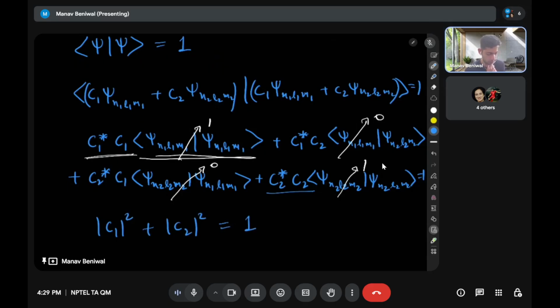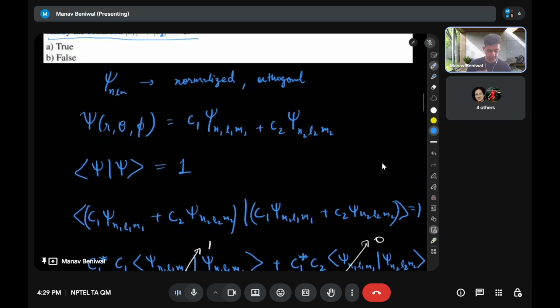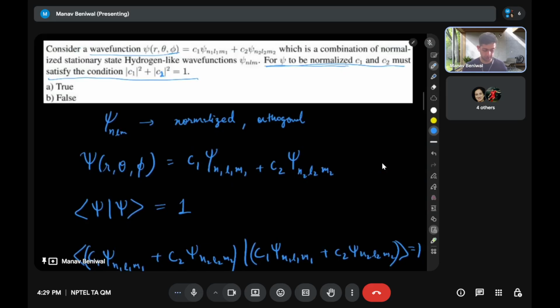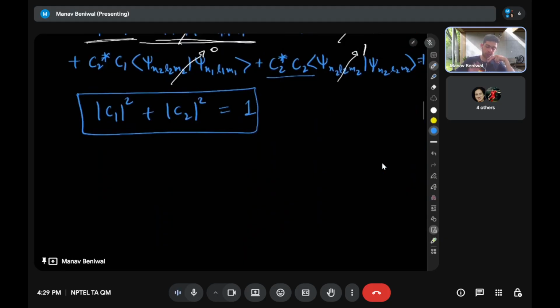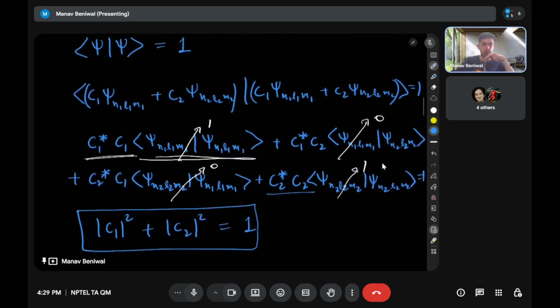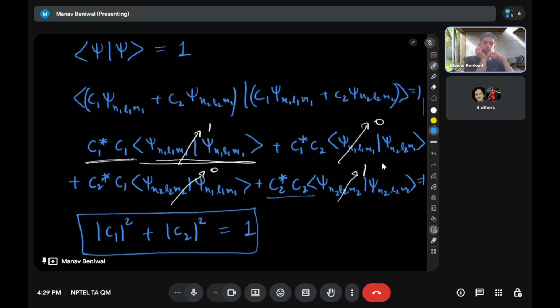And this equals 1. And this is the same thing that is given to us. So the answer is true. So for psi to be normalized, this condition must be satisfied, that the sum of the squares of the mod of the coefficients should equal 1. Okay. Any doubts here? No? Okay, good.